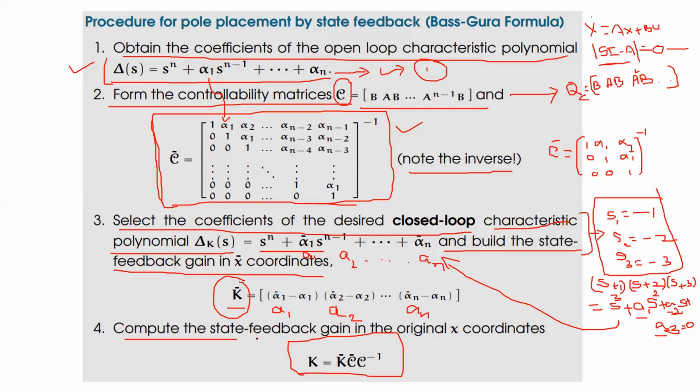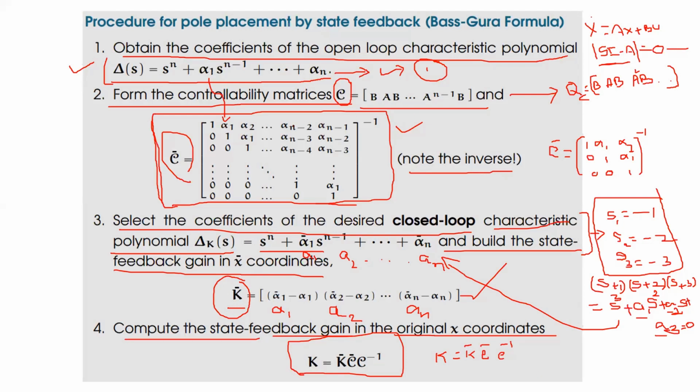Now, finally, the state feedback gain matrix we can calculate with this formula, that is K is equal to K bar, that is already found in this equation, into E bar, because E bar is already calculated over here. Next one is E inverse.